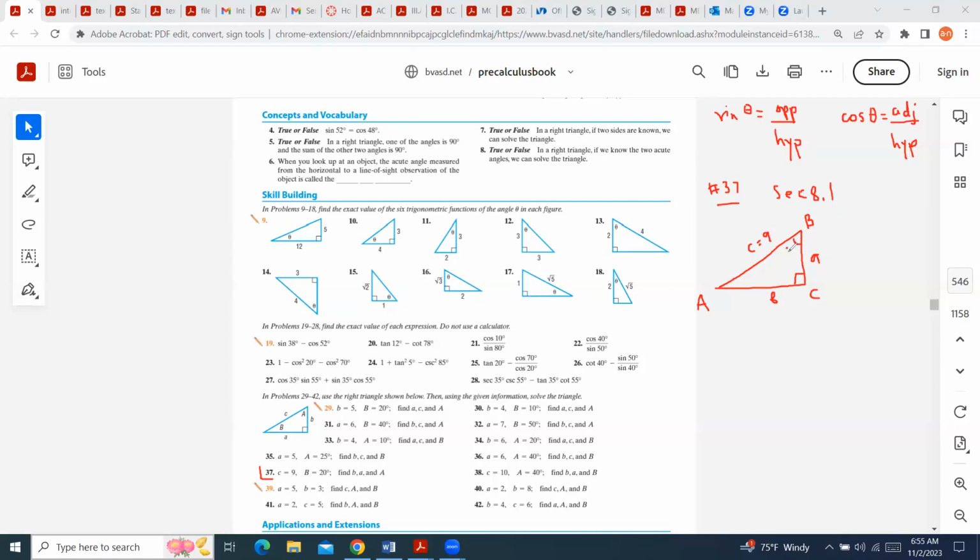So please notice that making a picture is essential, because we already know that we're dealing with a right triangle. So here's 90 degrees. And that's why A and B need to compose another 90 degrees, right? And that's why A is 70.